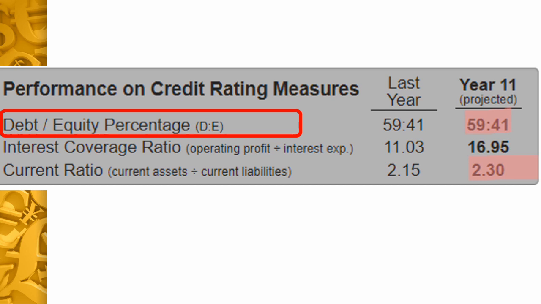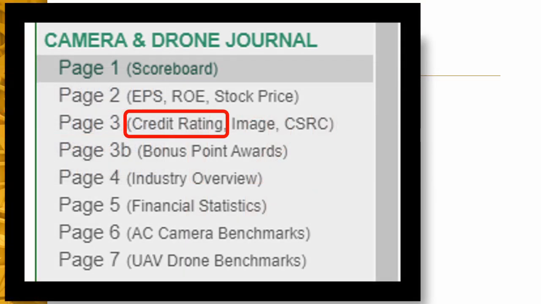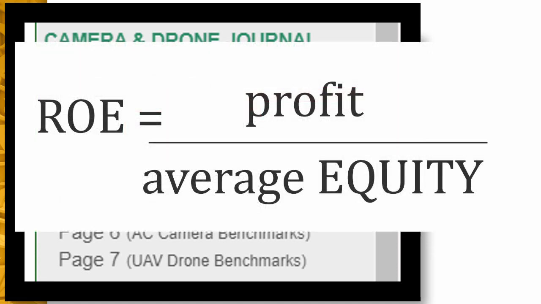But what if your debt is too low? Well, then you run into a different but very common problem with Glo-Bus students. If you pay off all of your debt and fund everything with equity, another of the scoring metrics, return on equity, will go down. Remember, return on equity is profit divided by average equity.